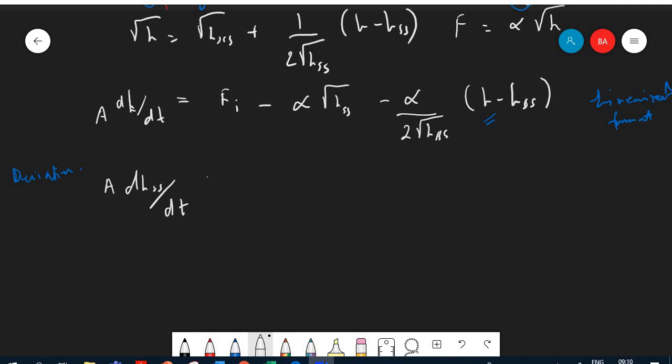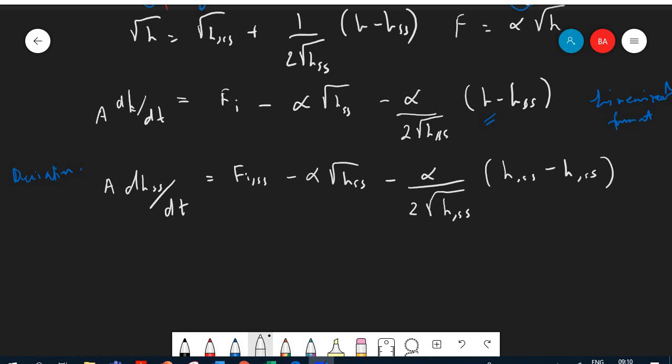So if this height is at steady state, my fi is going to be at steady state, and minus alpha over 2 square root, and it will stay at steady state. And here it will be h at steady state minus the h which was already at steady state. Okay, so now you can see that there are some terms that will be cancelled out. So this term, which is at steady state, will all be equal to 0.